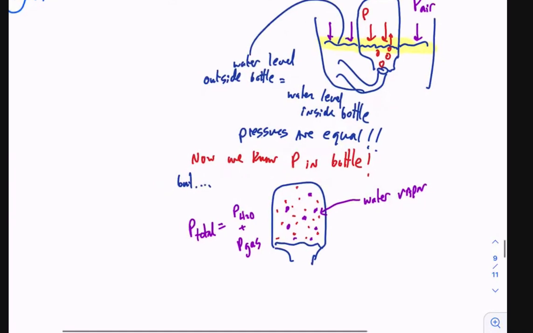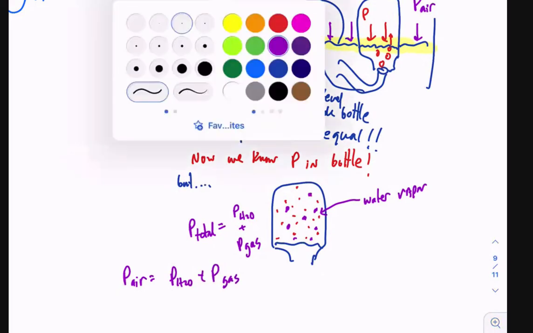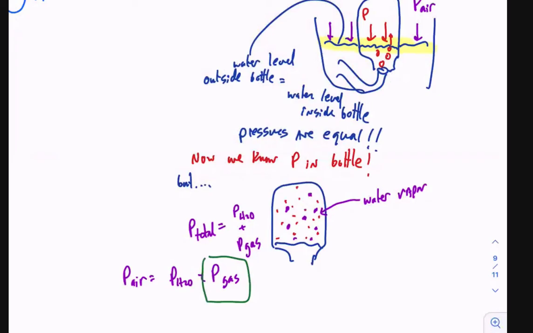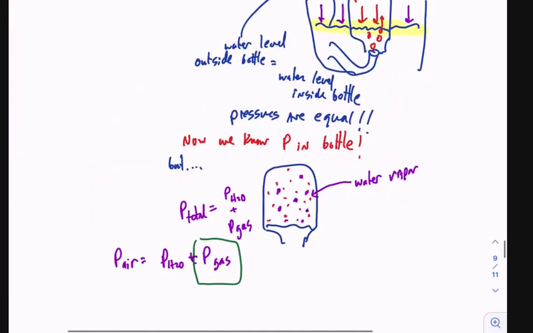So what that really means is that the pressure of the air is equal to the pressure of the water vapor plus the pressure of the gas that you're trying to collect. And the pressure of the gas that you're trying to collect is generally what we're trying to find. So very simple algebra, guys. How do we solve for the pressure of the gas?